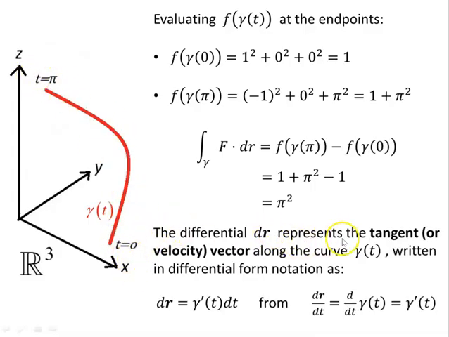So the differential dr represents the tangent or velocity vector along the curve gamma of t, written in differential form notation as dr, where r bold is the vector r, equal to gamma dash of t dt. That comes from the derivative of the vector r with respect to t, which is gamma dash of t, and I showed you what that was before: minus sin t, cos t, and 1, as we saw on the previous slide.